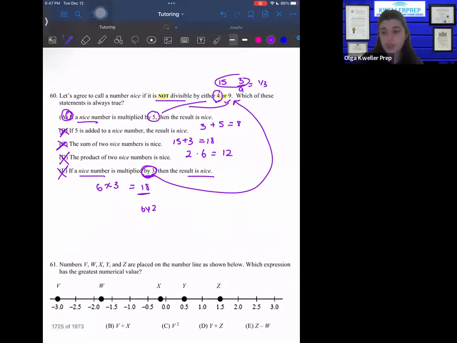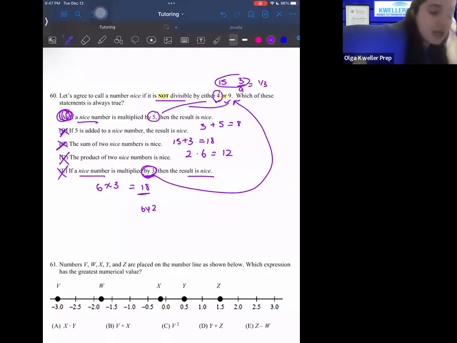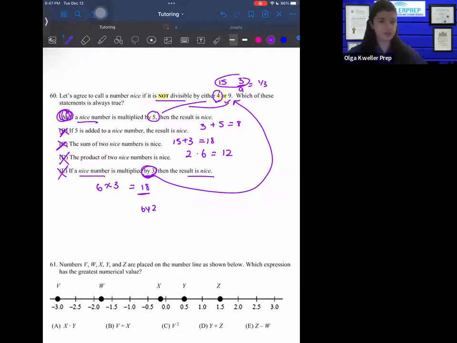So you pretty much guess and check, and then when you get to the answer, you try to justify it with logic and make sure that it makes sense. But when we do guess and check, you don't do it randomly. For example, for "the result is nice," I'm trying to disprove it, so I'm thinking about values that are divisible by 4 or 9. I'm thinking about 4, 8, 12, 16, 20, 24, and for 9, 18, 27, 36.